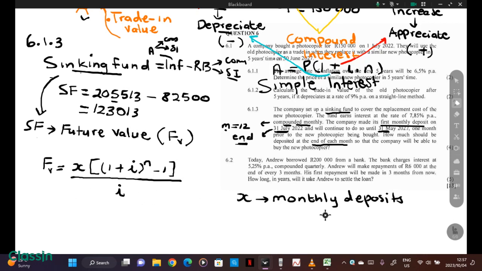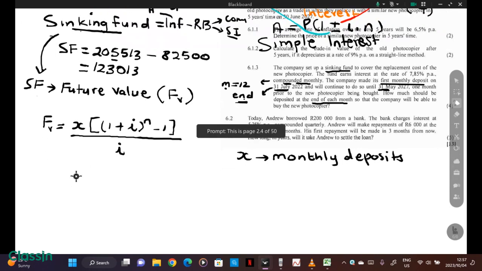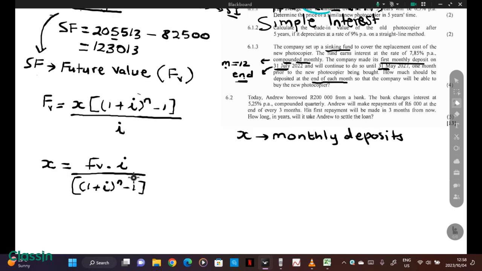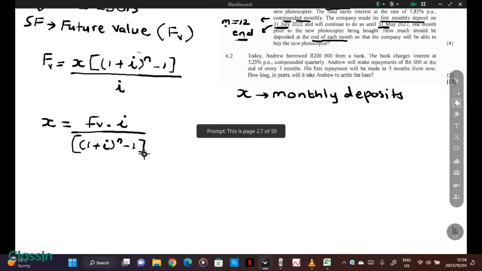So we are looking for the value of X. And if you're looking for the value of X, you can simplify this formula before you substitute, which we can write as X equals FV multiplied by i, divided by the upper bracket, 1 plus i to the power n minus 1, close bracket. So even in the exam, you can just write it like this, then simplify it back to this, so that when you do your substitution, you will get the answer directly.